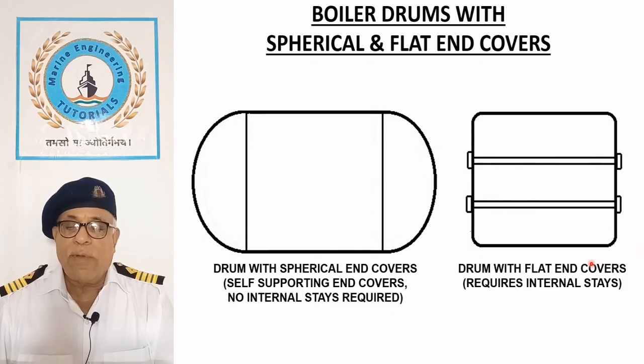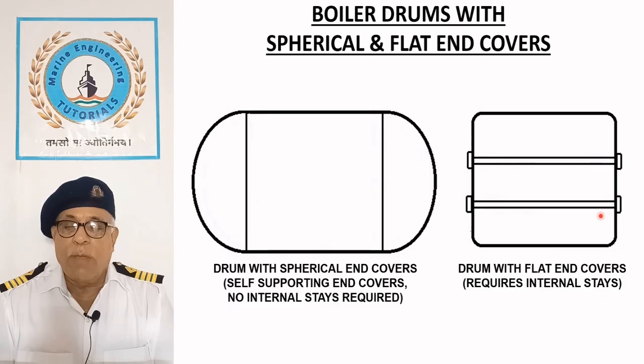When a flat end plate is subjected to internal pressure, the stress distribution across the plate is non-uniform. The central portion experiences high bending stresses, making it more prone to deformation and failure. To prevent this, flat end covers must be made sufficiently thick and supported by stays.